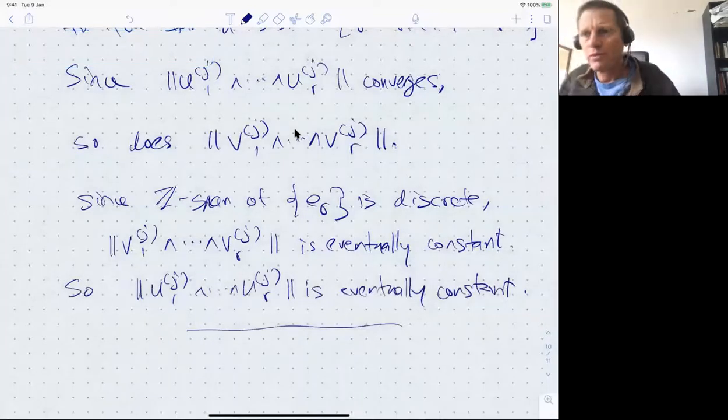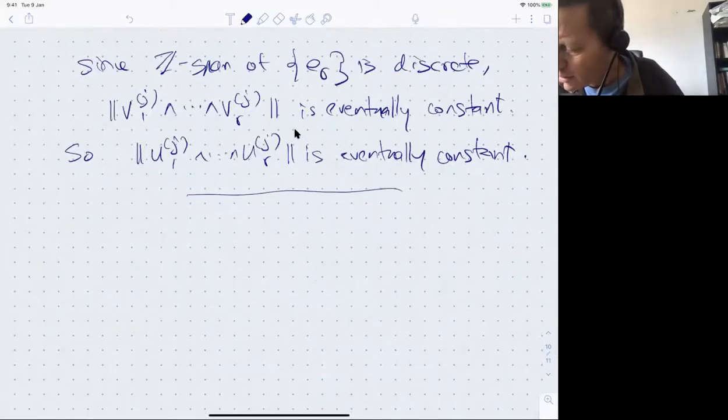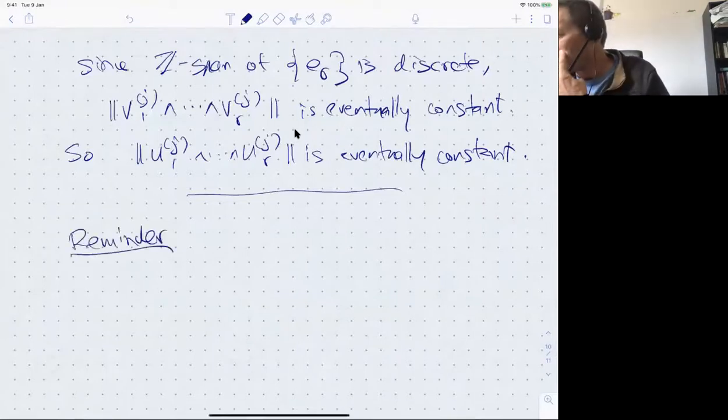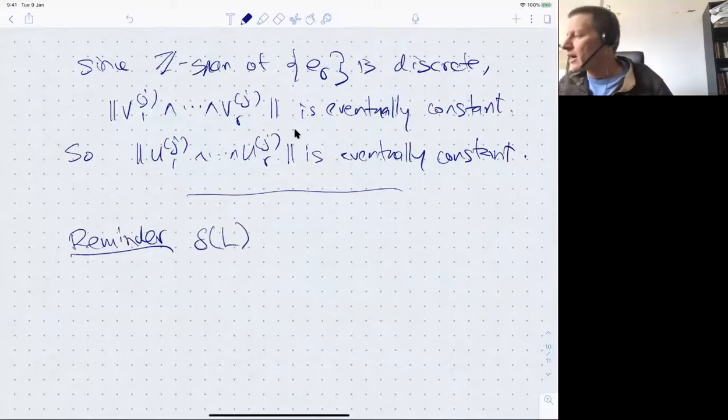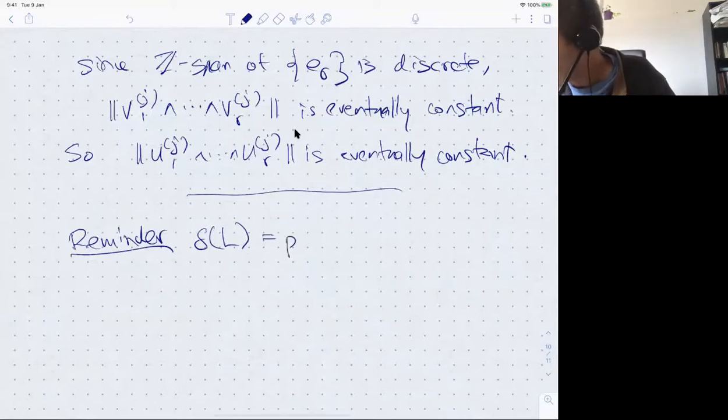Another application, which will be more interesting for us and is going to occupy our attention for at least 2 weeks, is to the maximal packing density. So let me remind you what the maximal packing density is. So, a reminder. If you have a lattice, you define its packing density as follows.